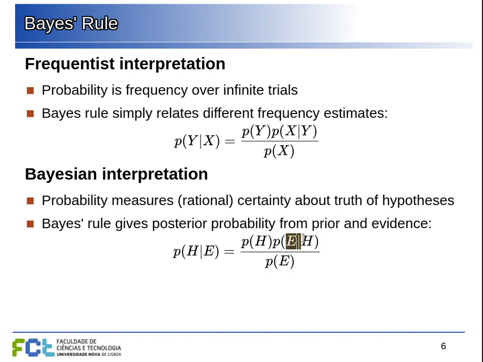The probability of the evidence being observed if the hypothesis is true. So, does the hypothesis predict that we're going to observe this evidence, and how surprising a priori this evidence is. So the marginal probability of the evidence gives us an idea of how confident we were that this evidence would appear regardless of the hypothesis.